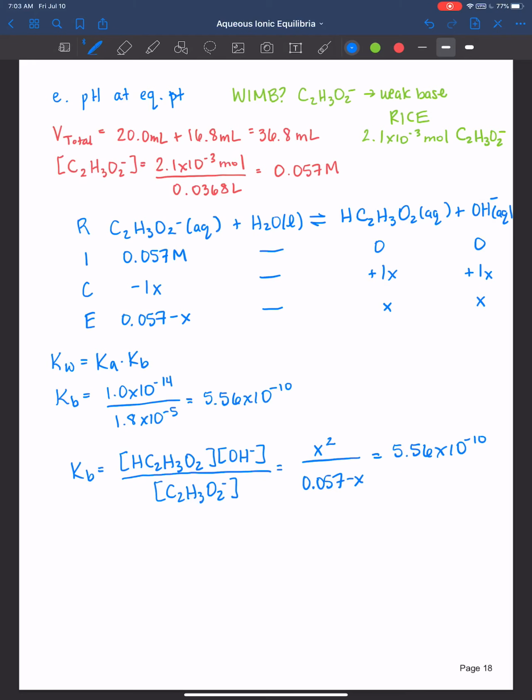X is going to be small enough to ignore because the initial concentration is much greater than the Kb here. So we get x is equal to 5.63 times 10 to the negative 6, which happens to be our hydroxide concentration at equilibrium.